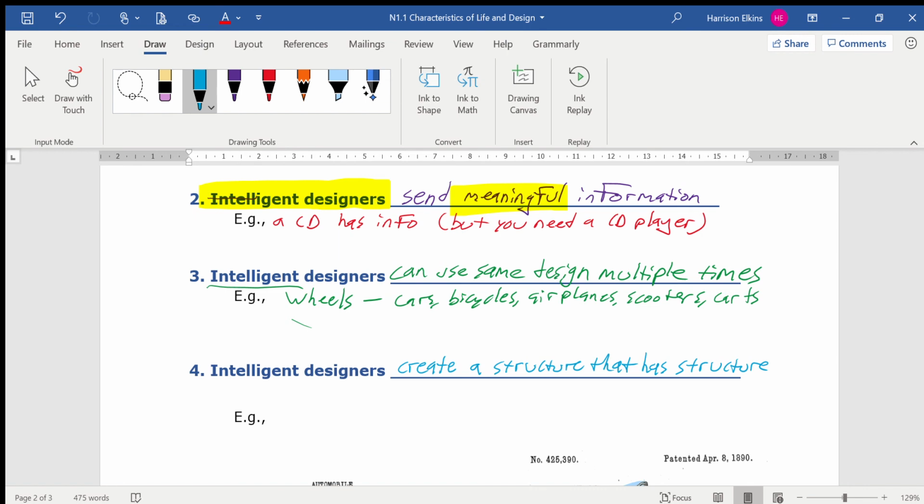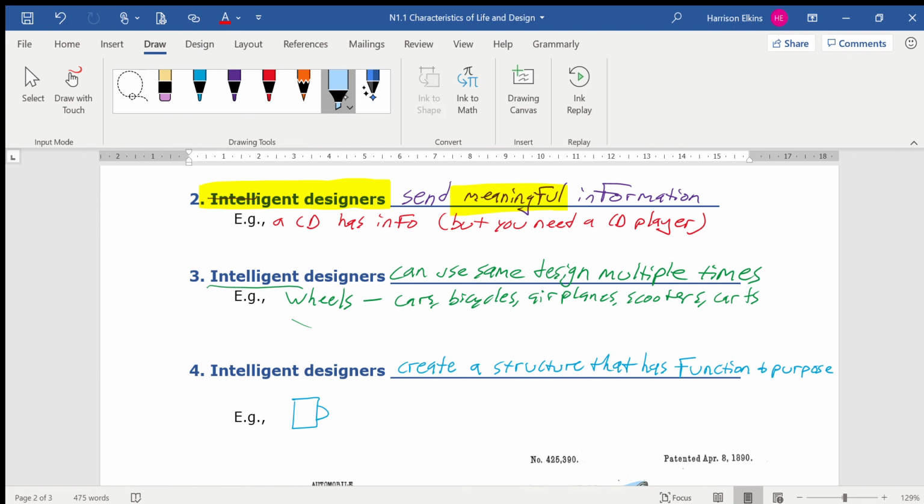Let me write this again: structure that has function and purpose. So for instance, here I've got a mug. That handle right there has a structure that is round, and that structure allows me to carry out its function of holding on to the mug.